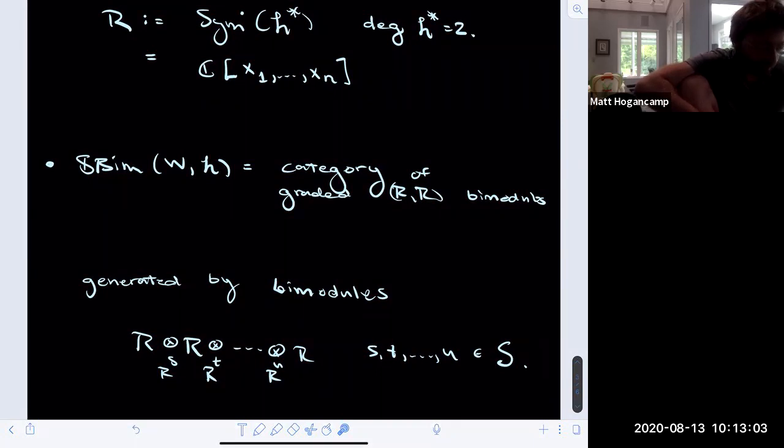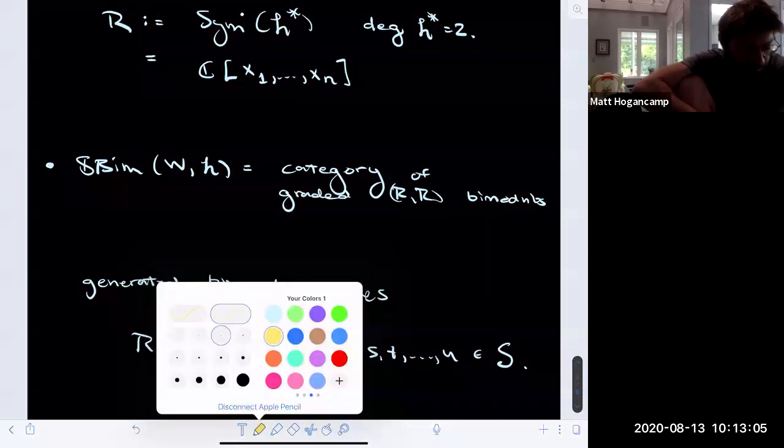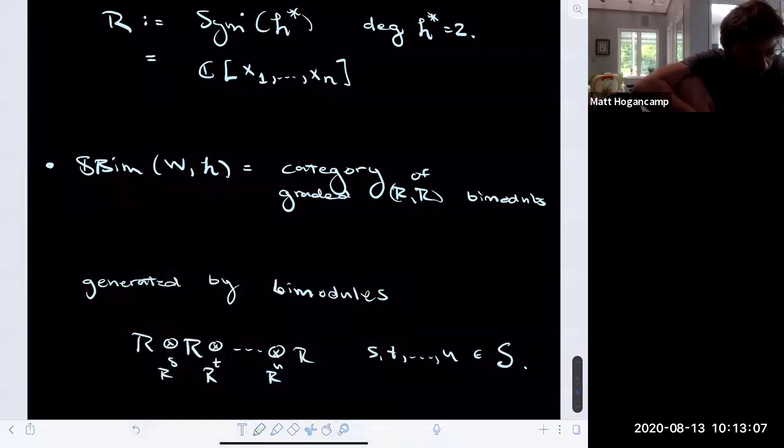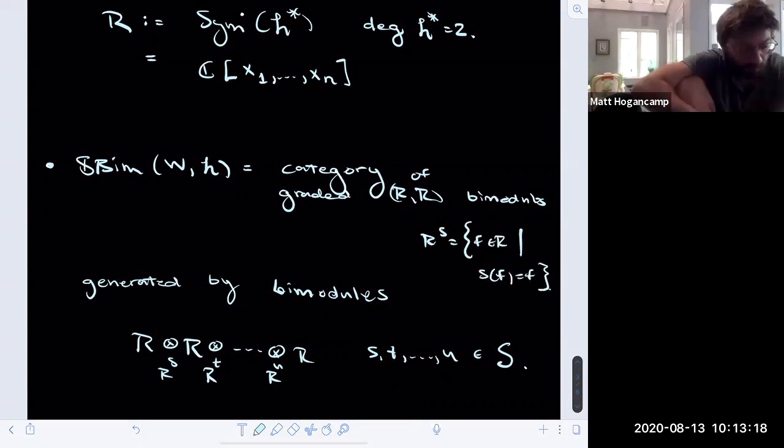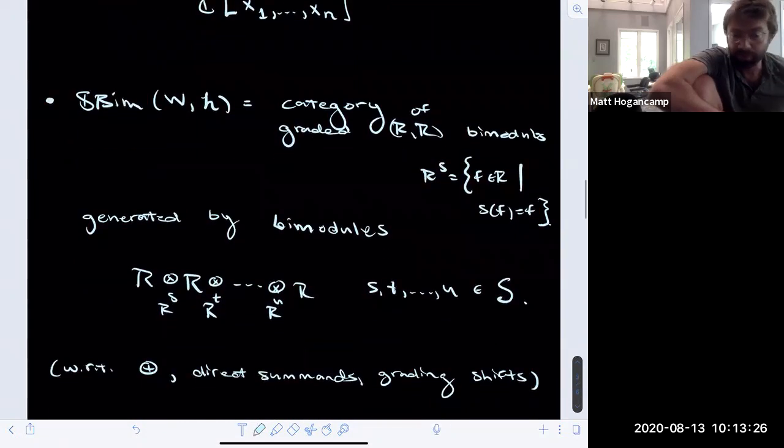So the notation here just means, if s is a simple reflection, R^s is just the set of polynomials which are s-invariant. Okay, so you look at all bimodules which can be expressed as direct sums of direct summands of shifts of bimodules like that. And this is the category of Soergel bimodules.